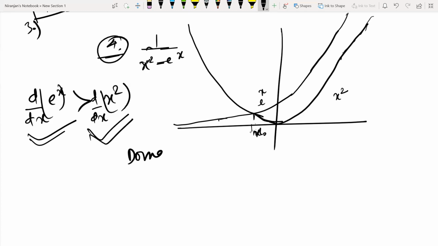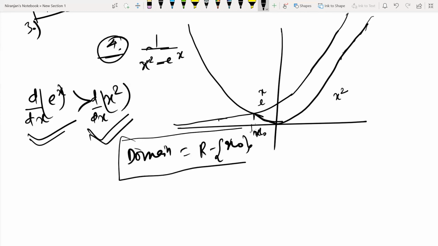So in your domain, R minus that x naught point. To get that point, I think you need to use the gamma function. I'm not sure you guys know that or not, but if you are curious about it, you can read about it more. You can get a tricky question like this in ISI. They ask sometimes.